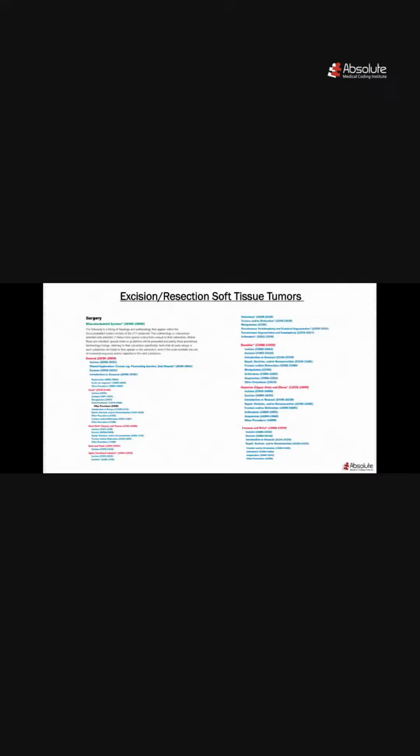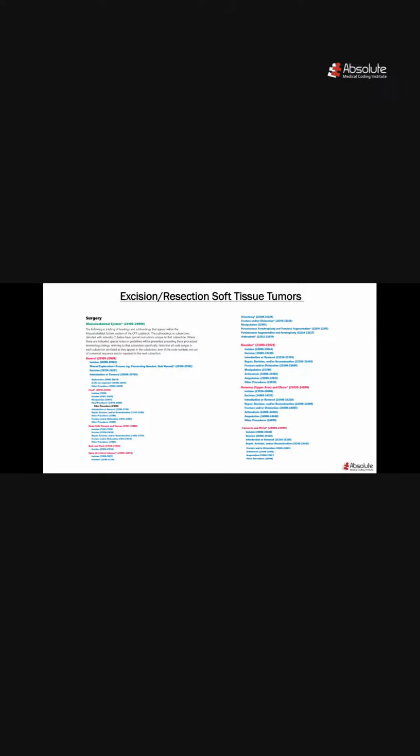Excision and resection of the soft tissue tumors, as well as the introduction or removal procedures, both from the musculoskeletal system, and we also have nasal and sinus endoscopy, as well as the lung transplantation procedure coding, which are from the respiratory system. So we will be covering these four topics.